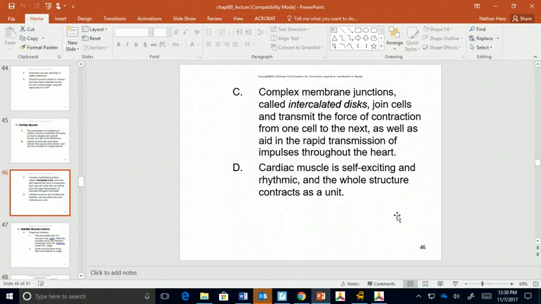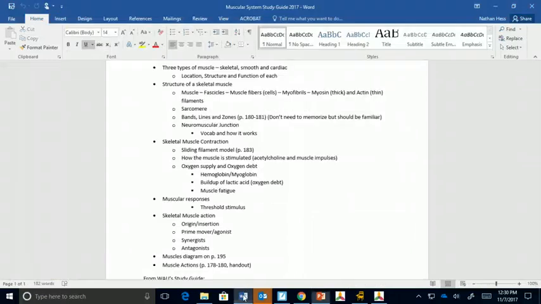They're also self-contracting. There's a piece of the heart that actually makes it contract, and the brain doesn't even have much involvement at all. And certainly you cannot consciously control that, whereas in skeletal muscles you can consciously control it.